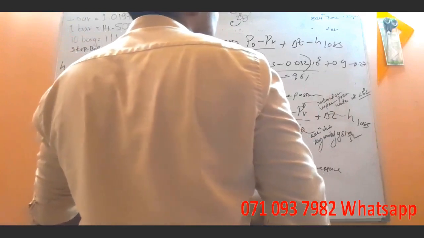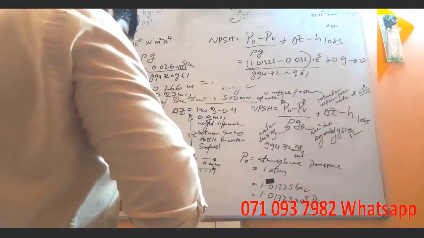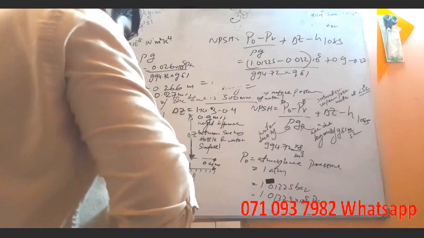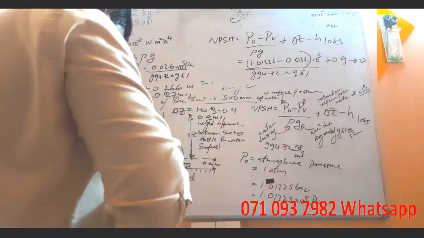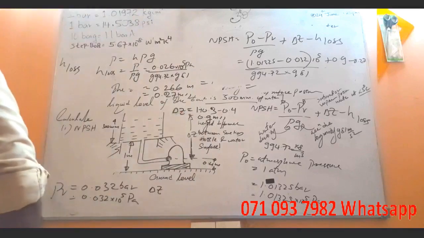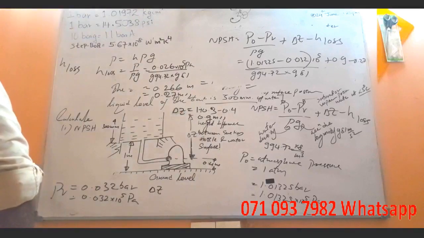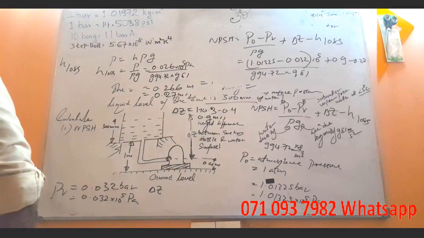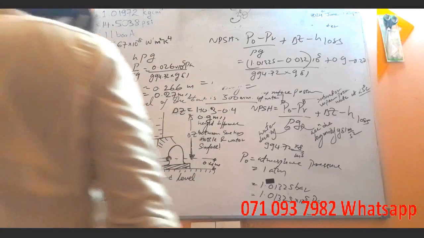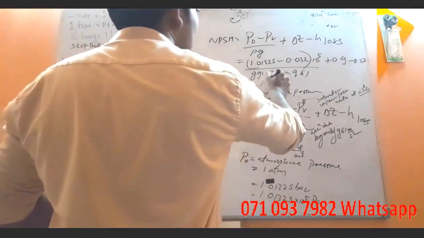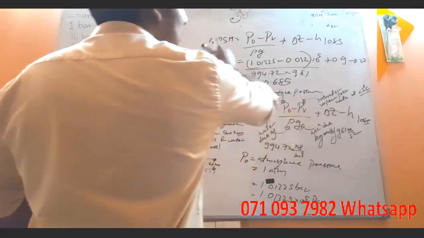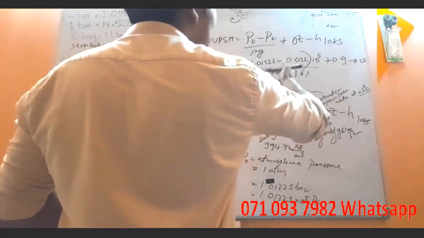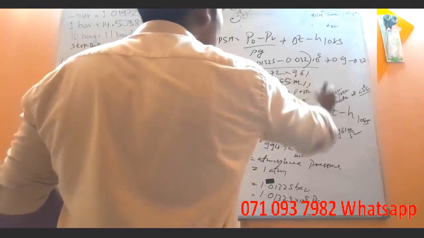So then this answer, plus 0.9 delta Z, minus 0.27 of head loss. The answer is 10.685. What will be the units? Meters.